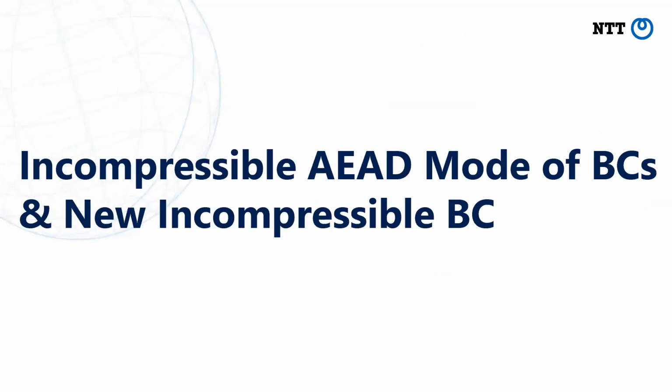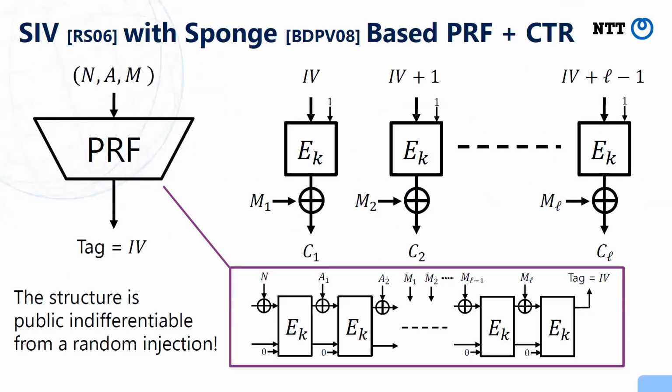And finally, I'd like to explain what kind of AED mode becomes incompressible. And also, I'd like to explain a new white box secure incompressible block cipher. So this is the AED mode we focused on in our paper.